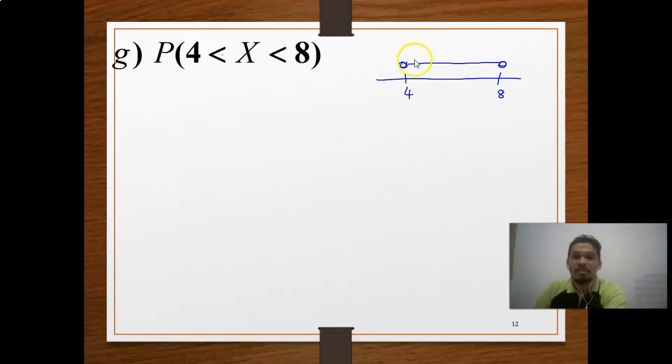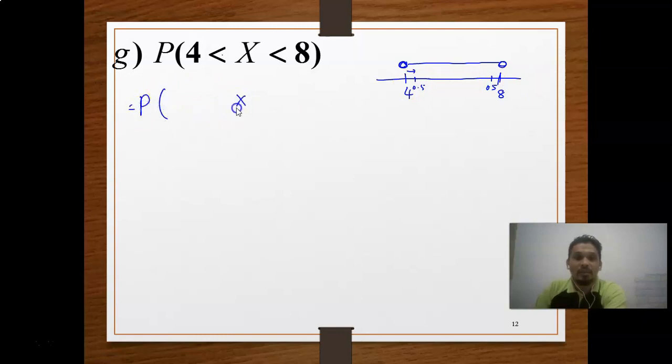Okay, so for this one here, because it does not include 4, then we move 0.5 unit to the right, and since this also does not include 8, we minus 0.5 to the left.